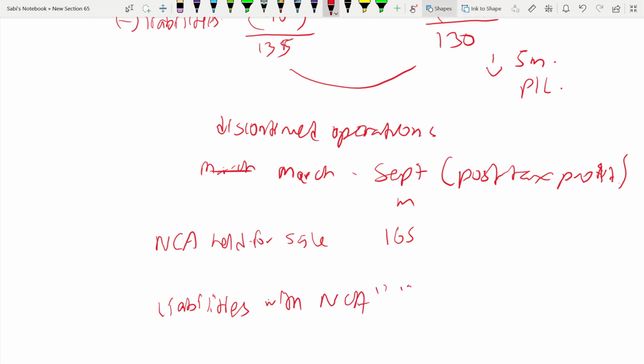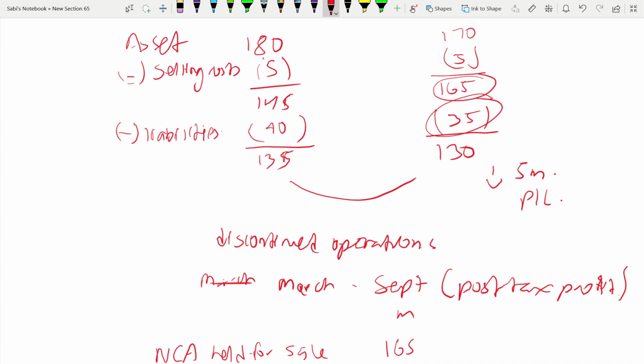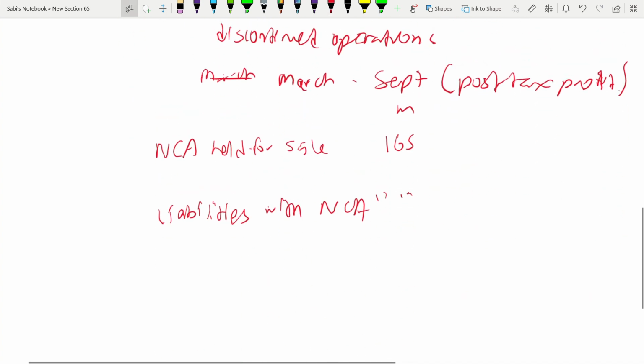How much? Go up here, 35. That 35 is your liability. You only deduct the selling cost from your assets, not your liability amount. 35. And no other disclosure is required, only this much.